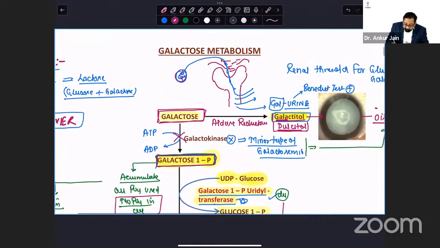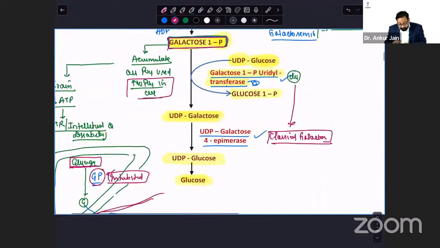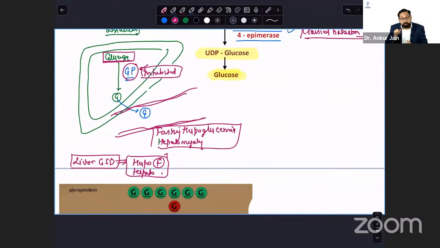This galactose will be filtered and some amount will be reabsorbed, and the rest will come in urine. Benedict test positive. But in von Gierke's disease, liver glycogen storage disease, this glucose or reducing sugar will not be present in urine. So it's very simple to differentiate.